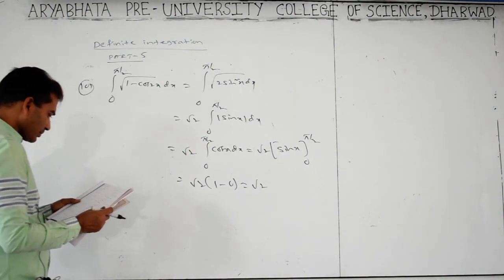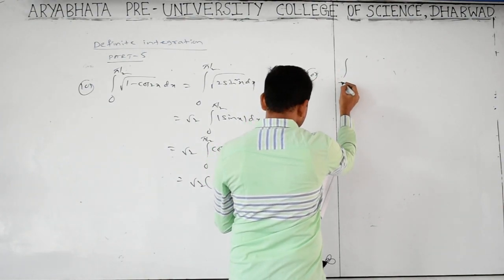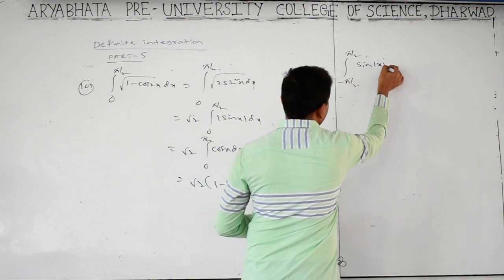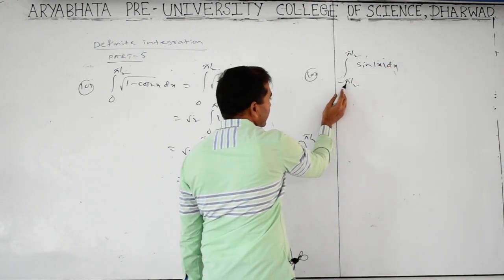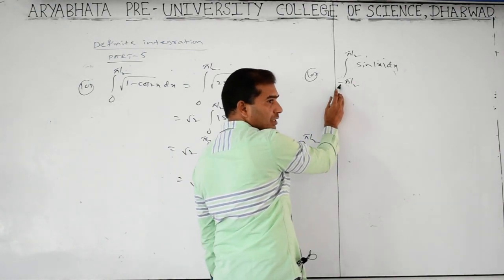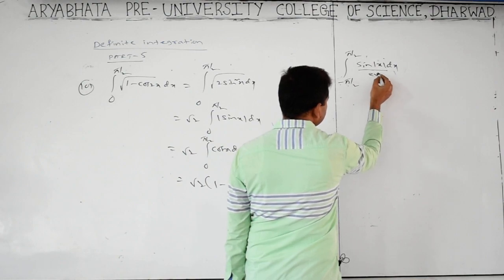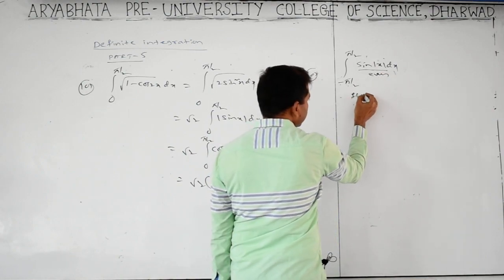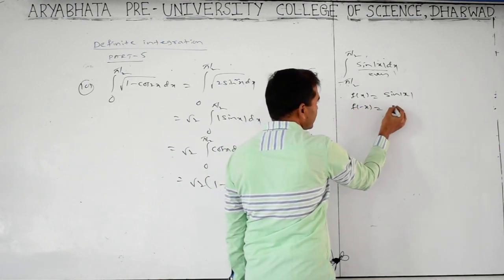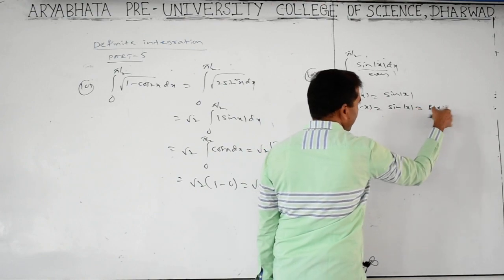Next one. Question number 102. Integration from minus pi by 2 to plus pi by 2 of sin of mod x dx. Here both limits are the same with opposite sign, so we check whether this is an even function. f of x is equal to sin of mod x, and f of minus x equals sin of mod of minus x, which is mod x, equal to f of x.